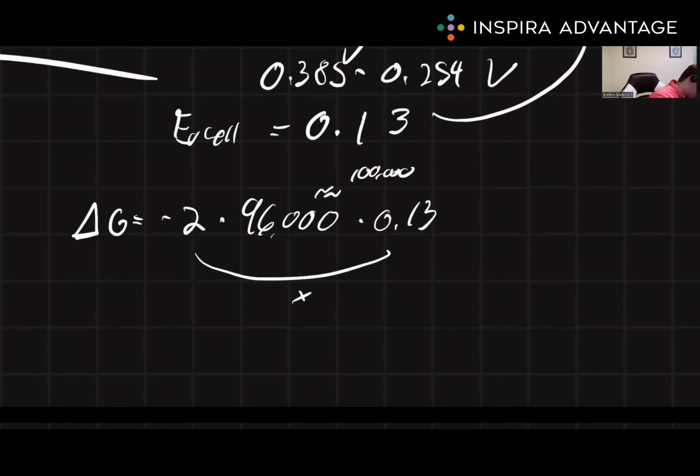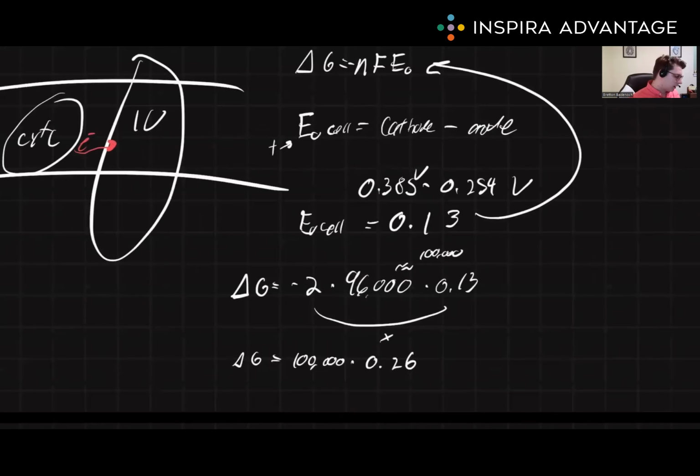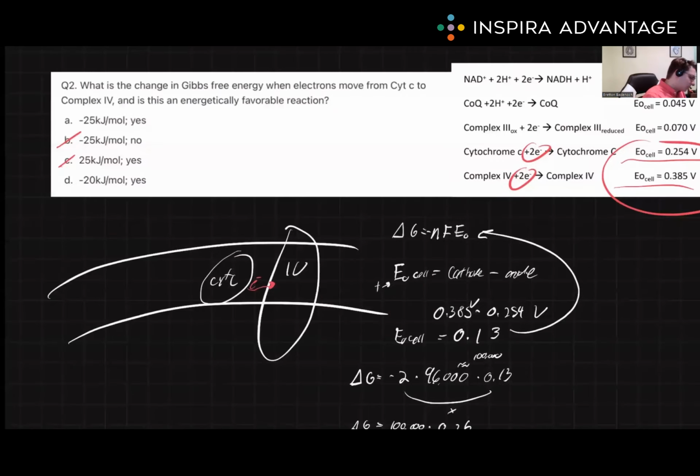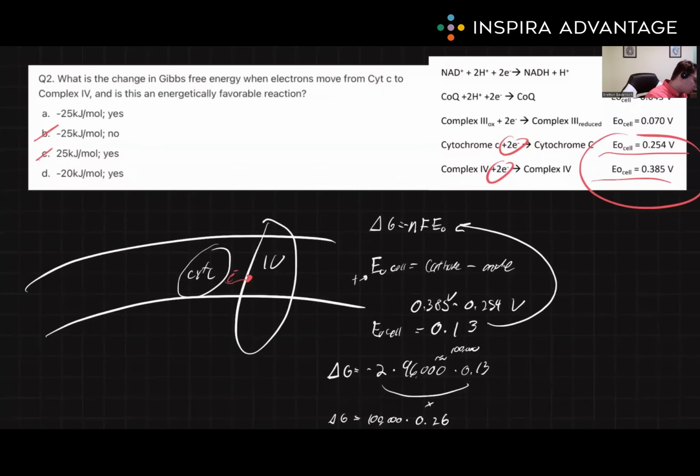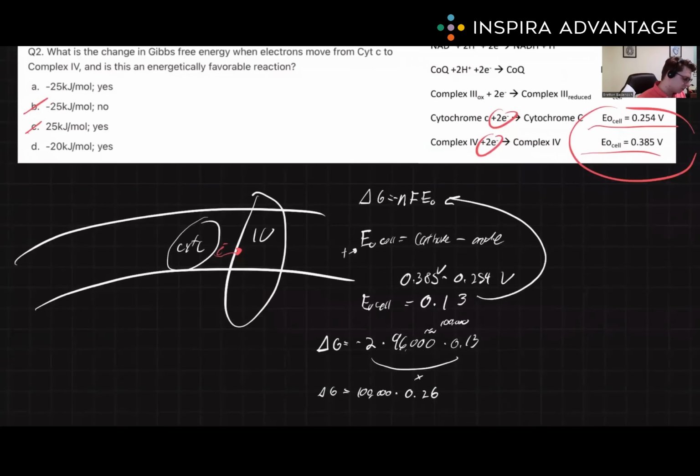So this is going to give me delta G equals 100,000 times 0.26. And this is actually as far as we need to take it, because our answer choices are either 20 kilojoules per mole or 25 kilojoules per mole. And we have something that's pretty close to 25.